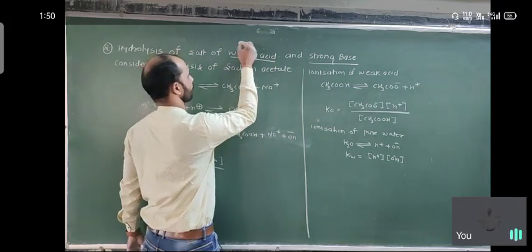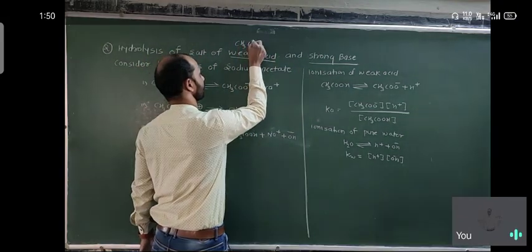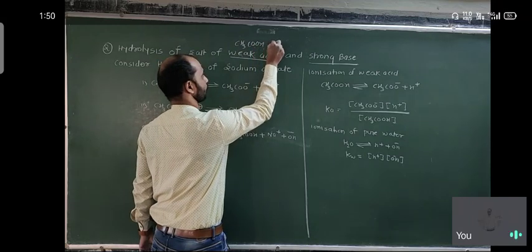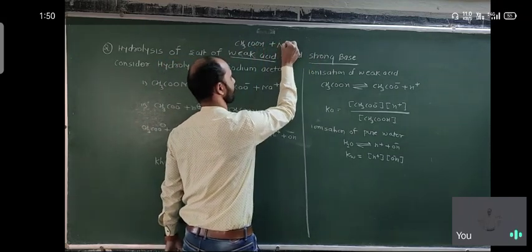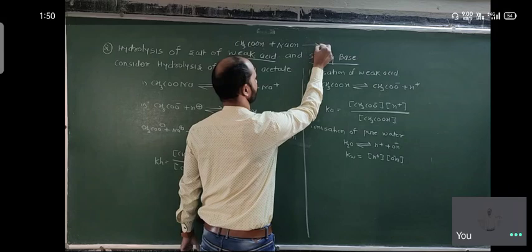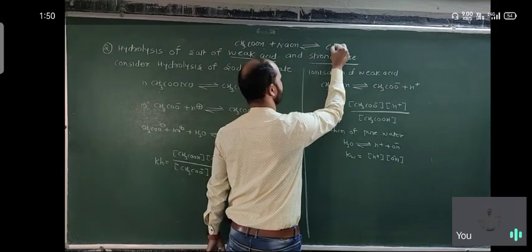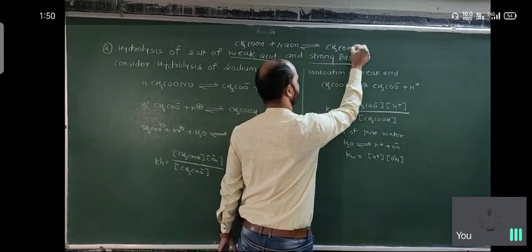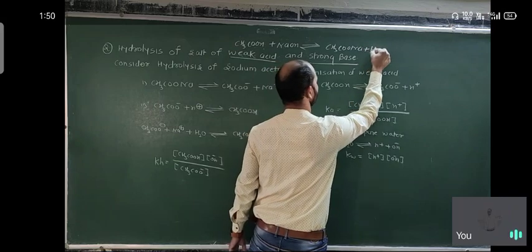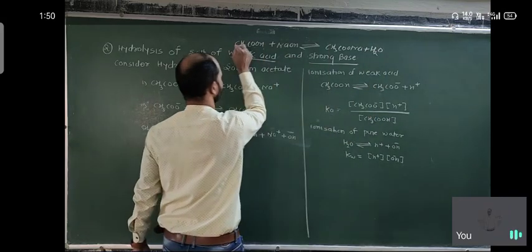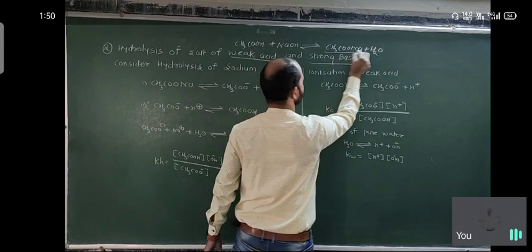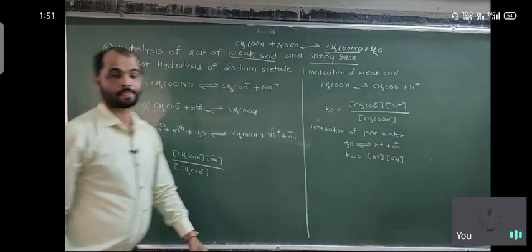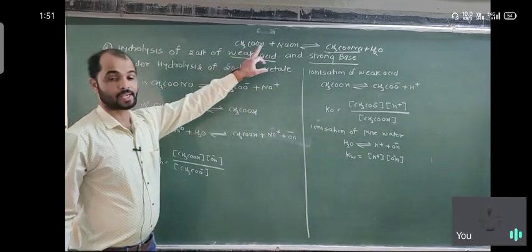Acetic acid plus the strong base NaOH gives CH3COONa plus H2O. This is the reaction. So we consider this salt of a weak acid and strong base.